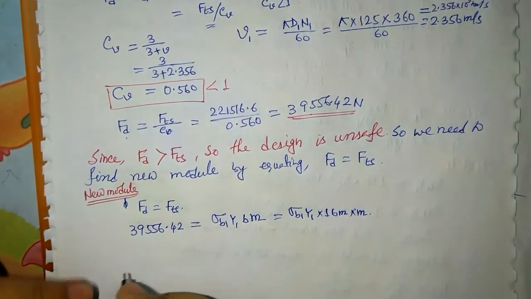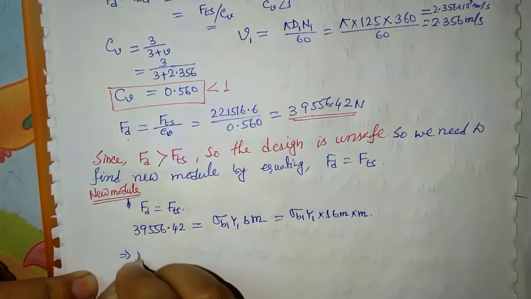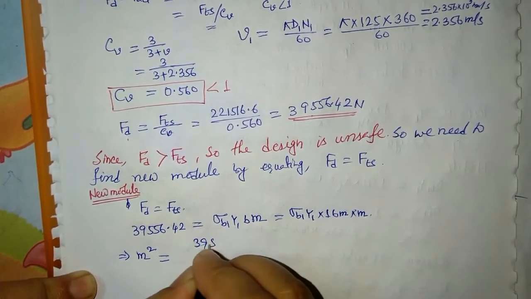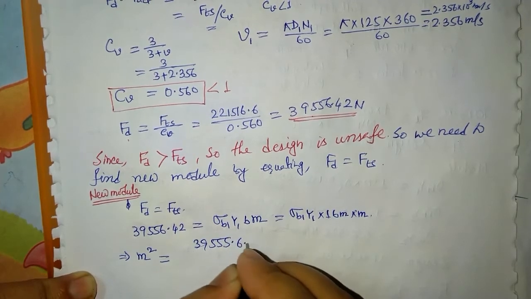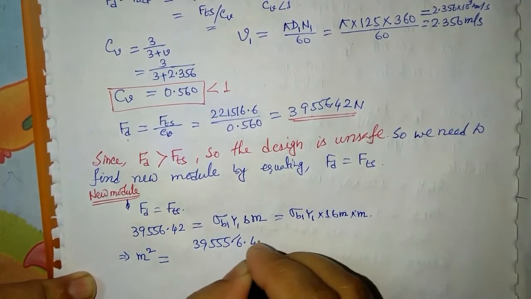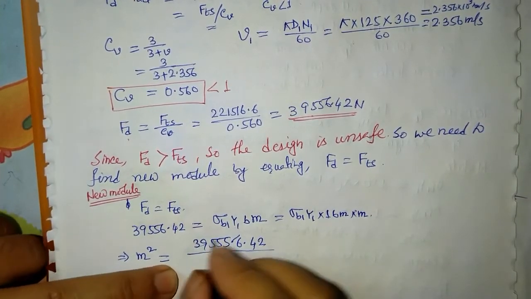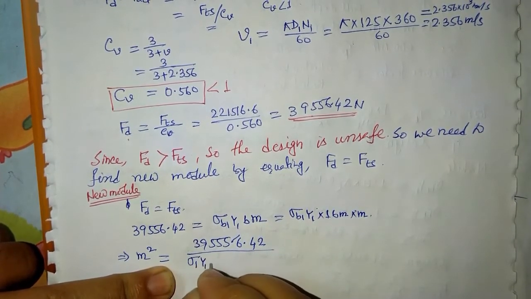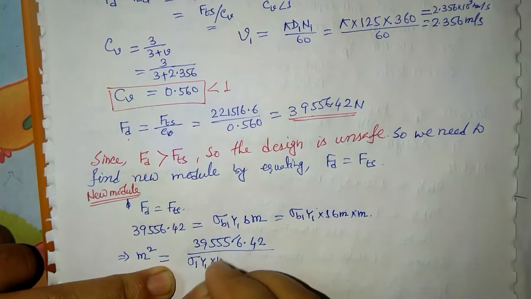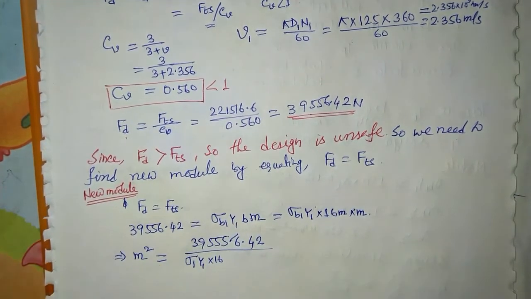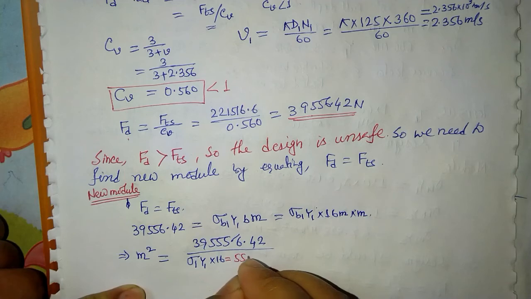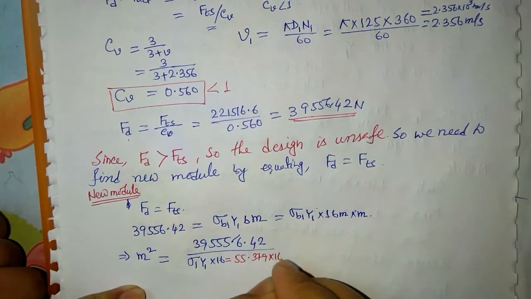Okay, so this we can write that m square is equal to 39556.42 by sigma b1 y1 into 16, and just here I am writing this sigma b1 y1, we got 55.379 into 16.